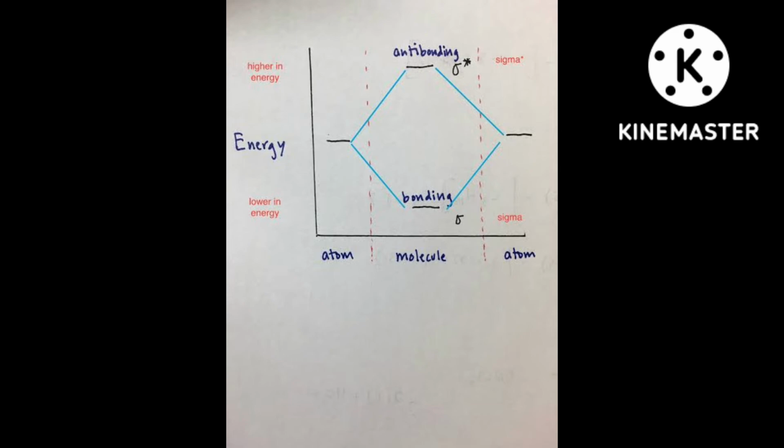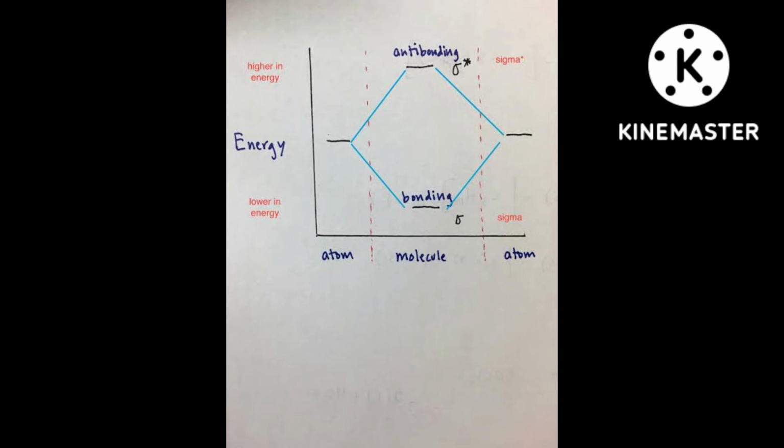Therefore, for the s orbital, we use the sigma symbol for bonding, and for anti-bonding we use the sigma star symbol. You write sigma and put a star on top; that is called sigma star, that is called anti-bonding. This is the indication for bonding and anti-bonding orbitals.